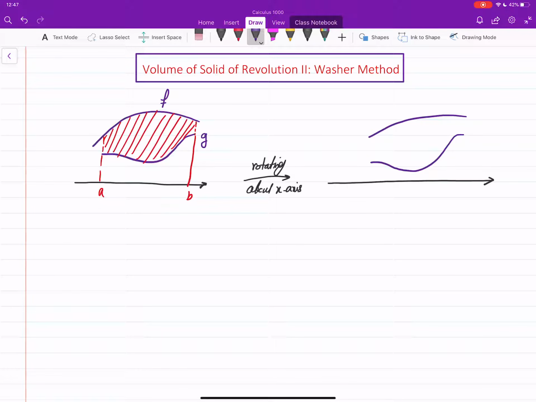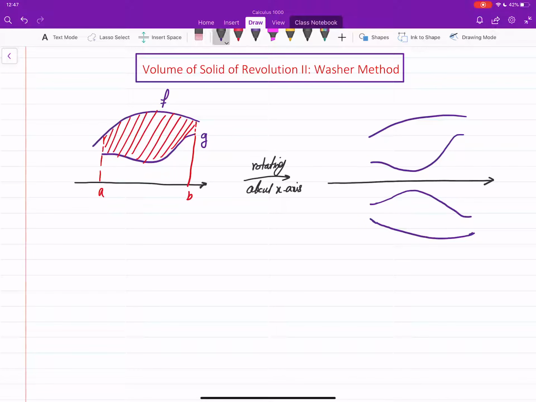When we start rotating, what you notice is that such an object will have a hole in between.